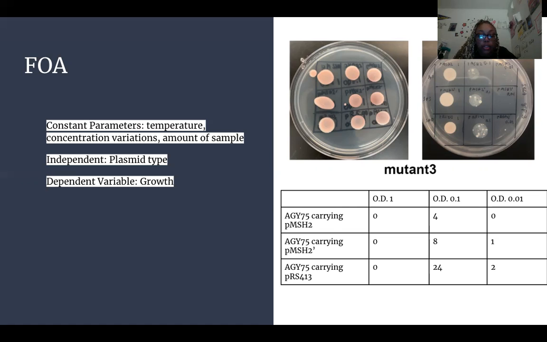Based on the results, the OD 1 concentrations did not allow any growth, and the OD 0.1 concentrations have the best representation of growth. PMSH2 prime has more growth than PMSH2, and PRS413 has more growth than PMSH2 prime.